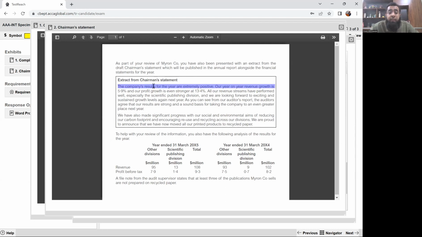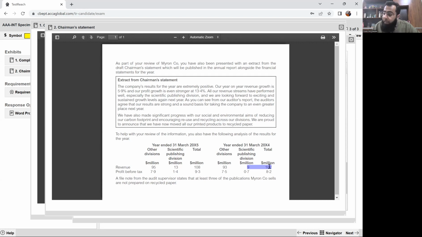The company results for the year are extremely positive. Our year-on-year revenue growth is 5.9% and profit growth is even stronger at 13.4%. So first, let's check whether this revenue growth and profit growth given in the chairman's statement is right or wrong. If you look at the revenue, it was $108 million in the current year, and the previous year it was $102 million.